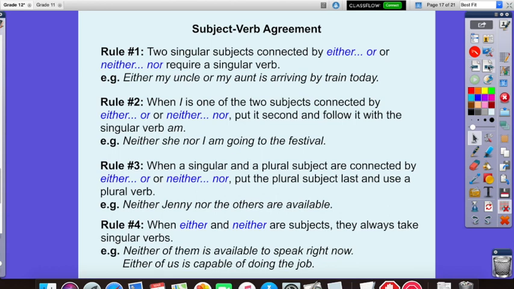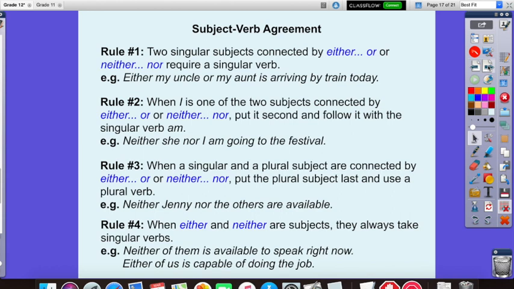The verb that follows should be a singular verb. In our case, is. We don't say either my uncle or my aunt are arriving. Second rule, when I is one of the two subjects connected by either or, you have to put it second and follow it with the singular verb am.